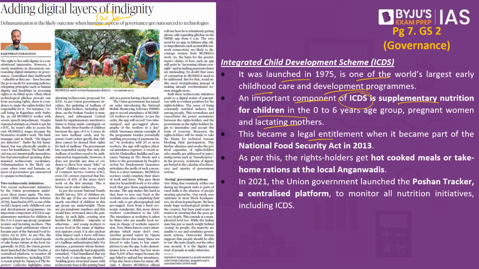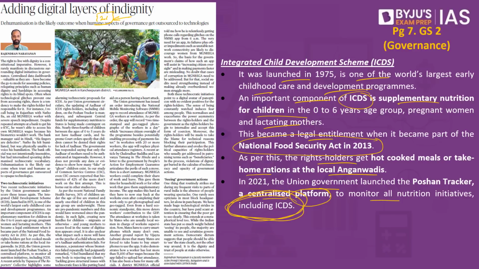This became a legal entitlement when it became part of the National Food Security Act in 2013. According to it, the right holders get home cooked meals or take home rations at the local Anganwadis. In 2021, the Union government launched the Poshan Tracker, a centralized platform to monitor all nutrition initiatives, including the Integrated Child Development Scheme. So what did the government of India do?